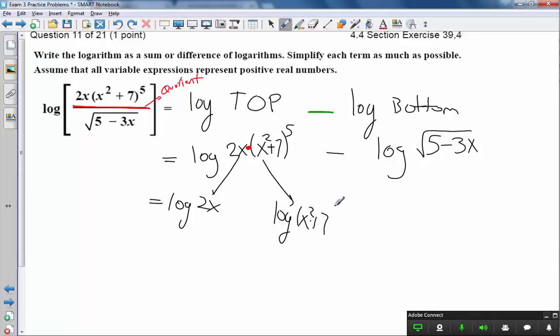You said times, so you put this dot here. That's plus, yes. Product turns into addition, just like division turns into subtraction. Is the 5 going in front or not? Yes, the next step is if you have a power around everything in a logarithm, that power can fly away to the front of the logarithm. That's the next step.